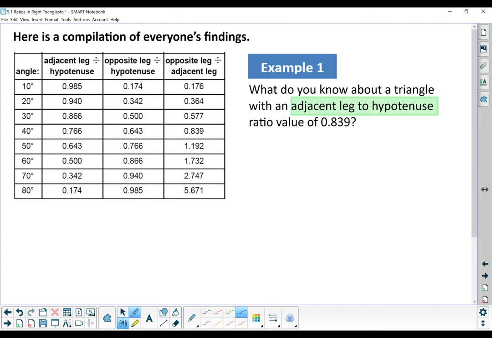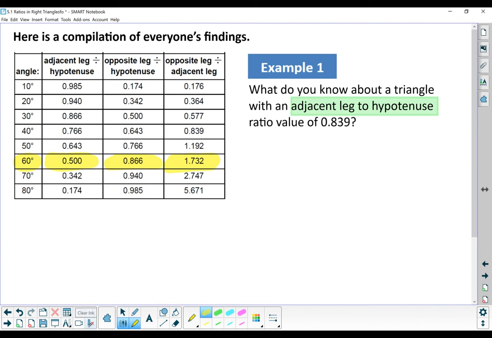So this chart is telling us that for a 60-degree reference angle, if we divide the adjacent leg by the hypotenuse, we get 0.5. If we divide the opposite leg by the length of the hypotenuse, we get 0.866. And if we divide the opposite leg by the adjacent leg, we get 1.732. Those ratios go with the 60-degree angle.